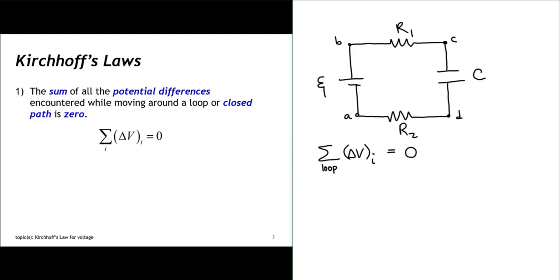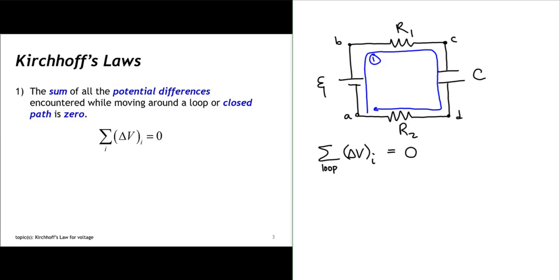So for this loop, let's just look at it in turn. We're going to go from A to B through the battery, from B to C through resistor 1, from C to D across the capacitor, and then from D back to A across resistor 2. We will just call this path 1.